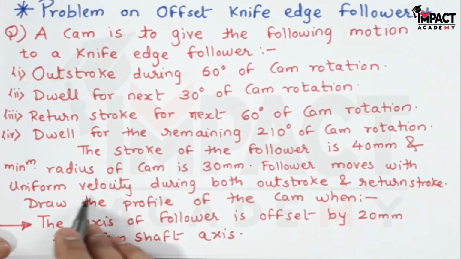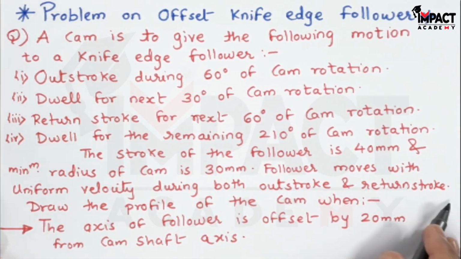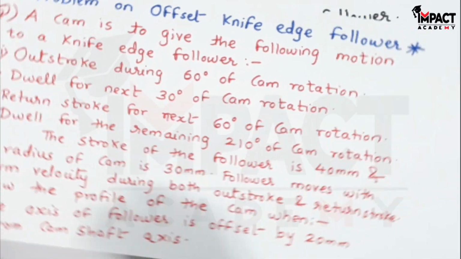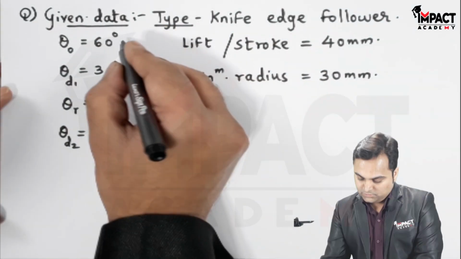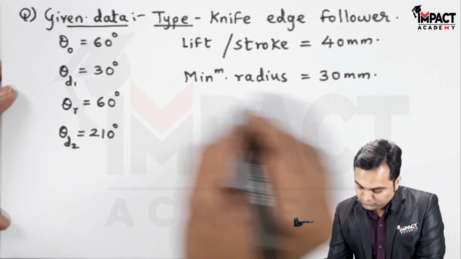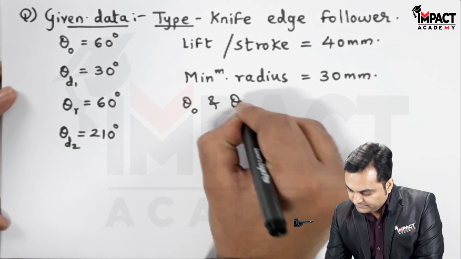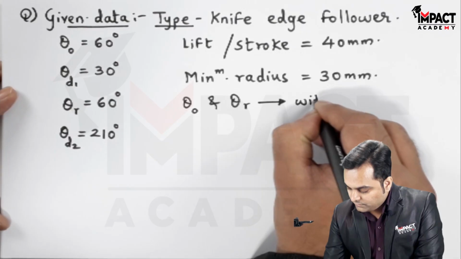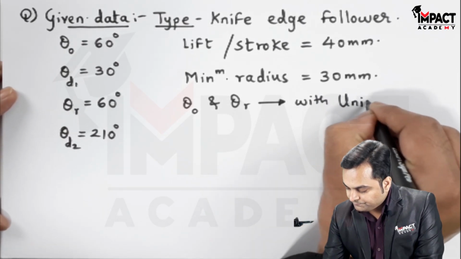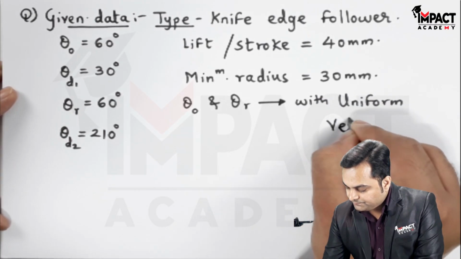Follower moves with uniform velocity during both outstroke and return stroke. That is the type of motion given. So outstroke and return stroke both are theta O and theta R with uniform velocity.